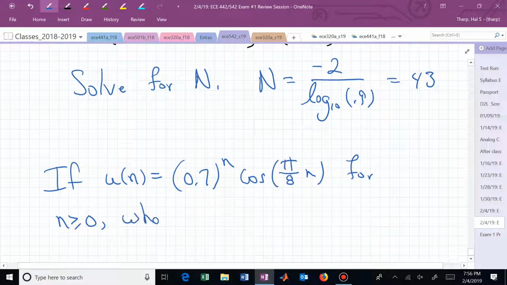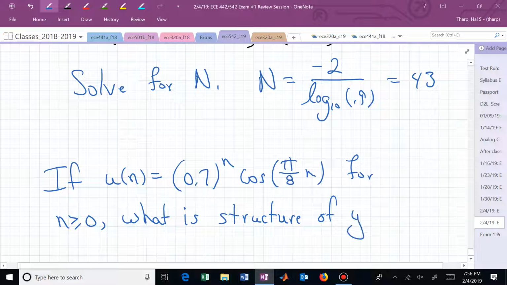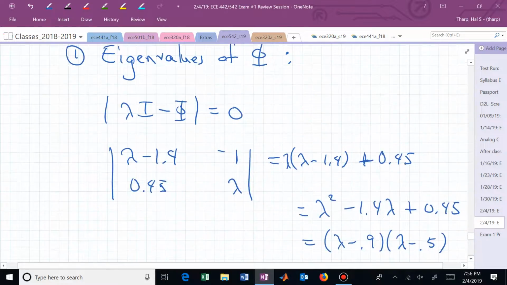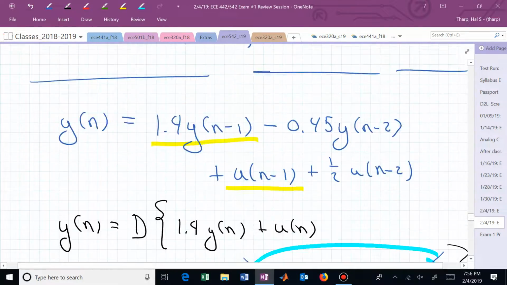What is the structure of y of n for that particular difference equation that we had? What was our difference equation? Let me write it down again.